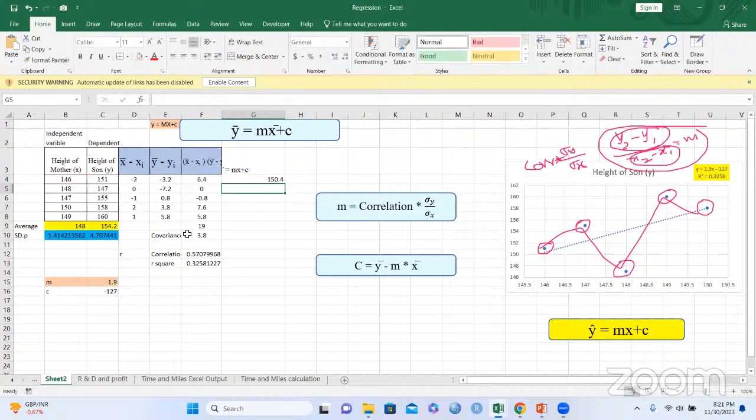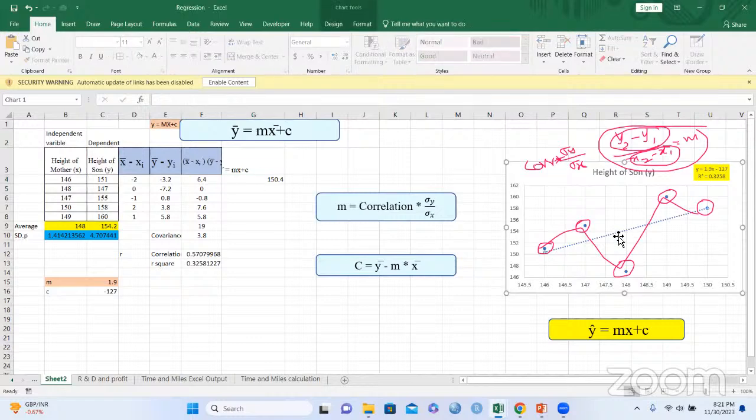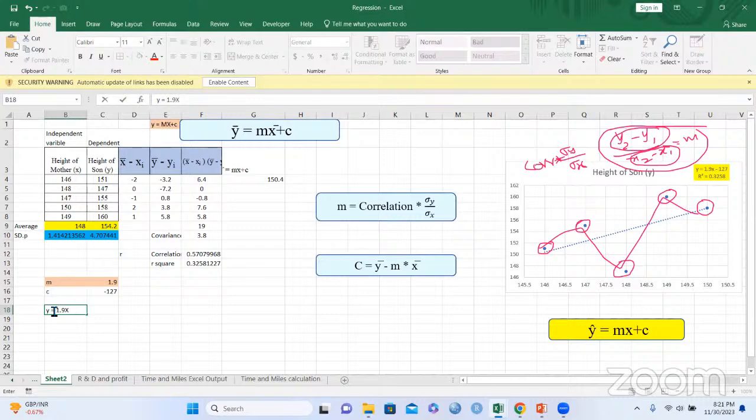So this is the first expected height, by using this trend line, as I got y is equal to 1.9x plus c value, that is minus 127. So this is my predicted line. Is that clear till this point?